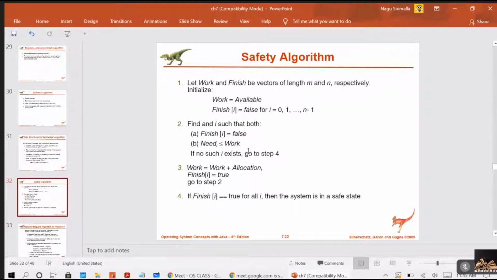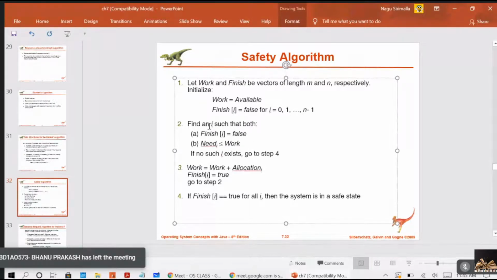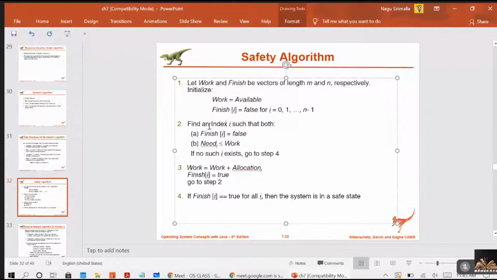Now, find an index i such that both finish of i is equal to false, need of i is less than or equal to work. ఇది end కాదు, it was a mistake I think. Find an index i such that both finish of i is equal to false, need of i is less than or equal to work.